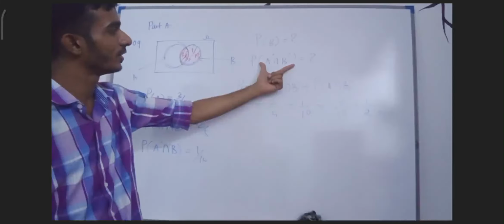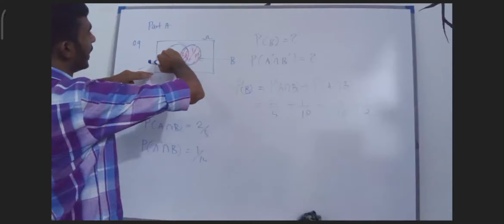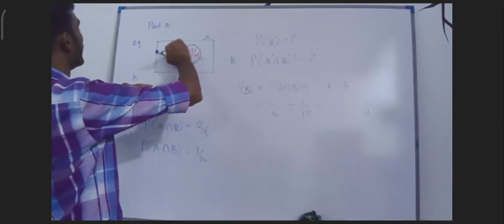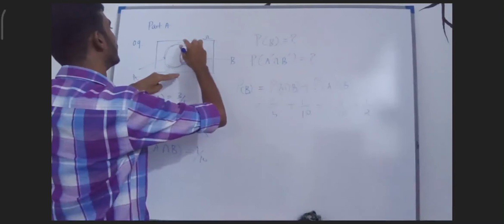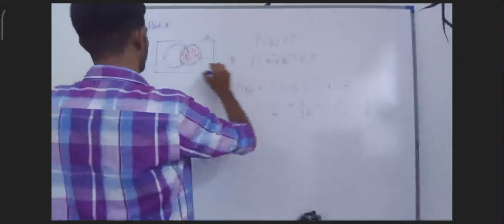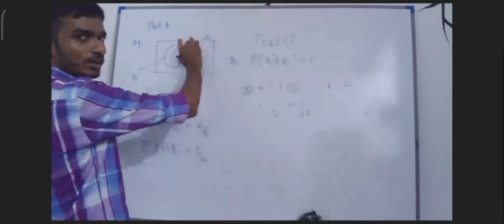So if I denote this area in the Venn diagram, A dash represents the remaining area excluding A, right? And B dash is the area excluding this circle.